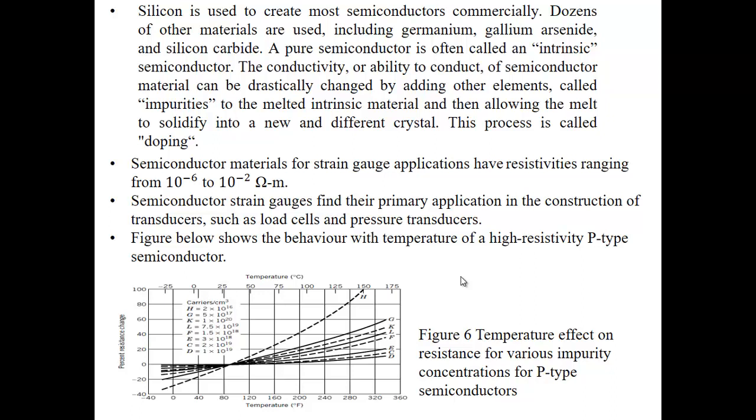Okay, and figure 6 here shows the behavior with temperature of the high resistivity p-type semiconductor. So from here you can see the effect on the resistance for various impurity concentrations for the p-type semiconductor. You can see they have a different percent of resistance with respect to the increasing of the temperature.